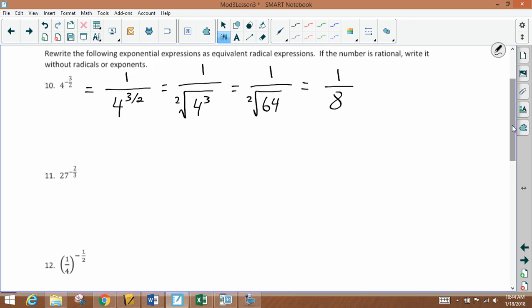Nextly, I like making up words. We're going to write this with a positive exponent by putting it into our denominator, making the exponent positive. And then we'll rewrite this as a radical. So the denominator outside, the base there, and we'll raise it to the numerator.